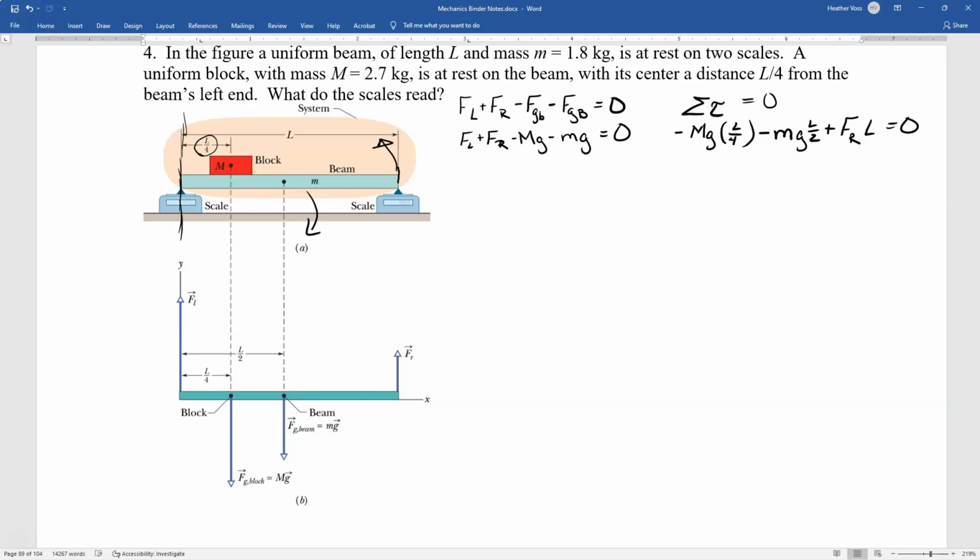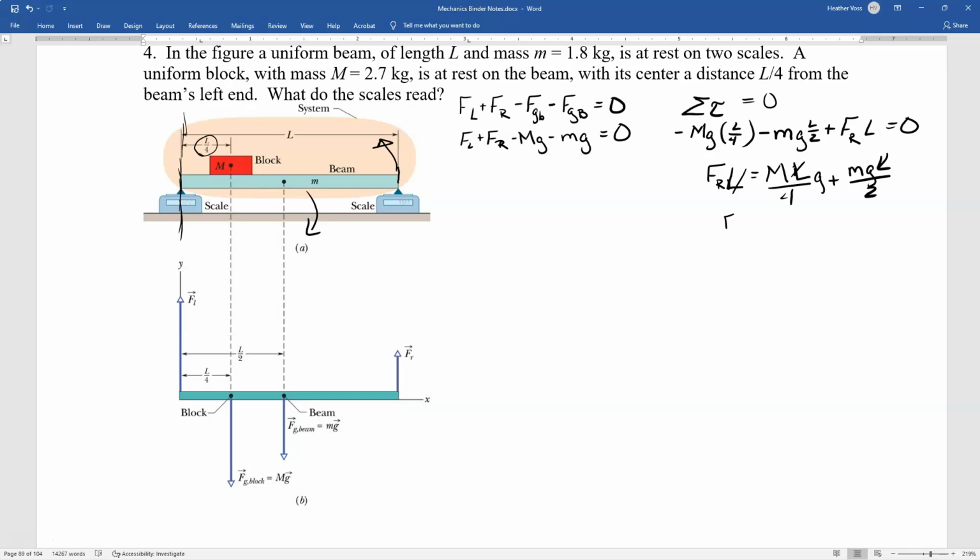So what does that mean? Well, that means force right times the lever arm is going to give me big M L over 4 times G plus little m G L over 2. Now there's an L in every term, so those L's are going to ditch.